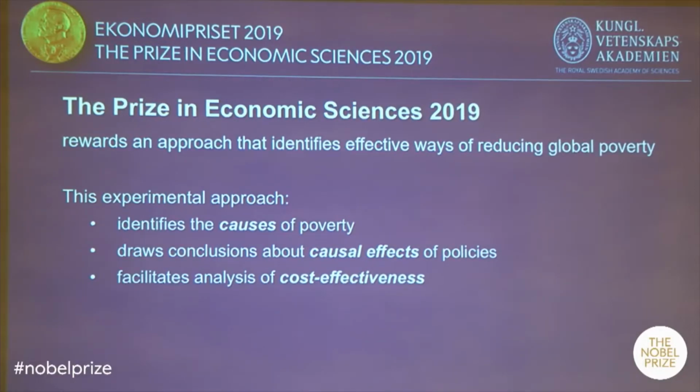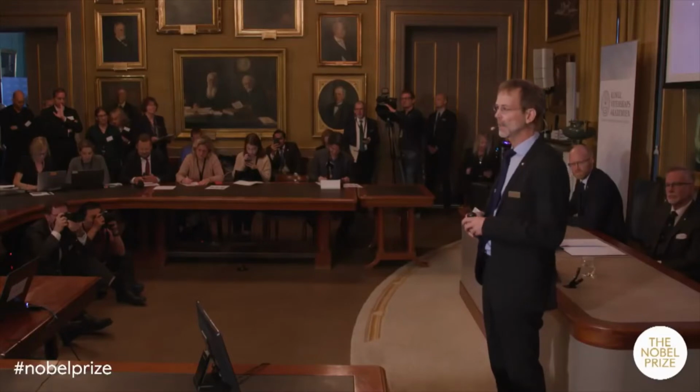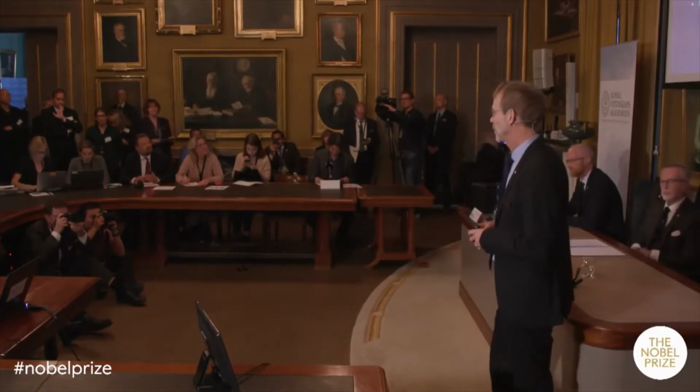First, it helps us identify the causes of poverty. Second, it helps us draw conclusions about causal effects of policies to fight global poverty. And finally, it facilitates the analysis of cost effectiveness across different options or policies to reduce global poverty.